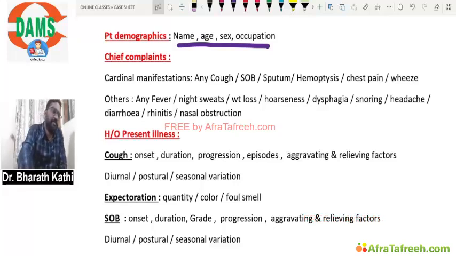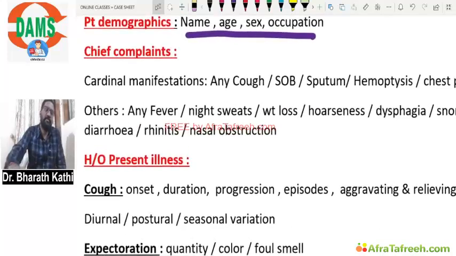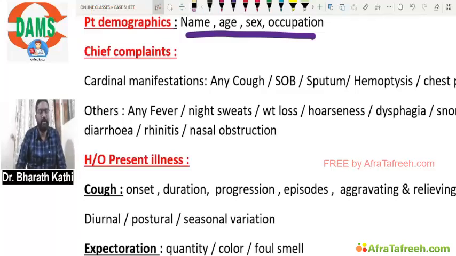Then coming to the chief complaints. Now you should mention the chief complaints. What are the chief complaints? You should say that the patient was apparently normal, or the patient's symptoms started from so and so duration, and what are those important symptoms.